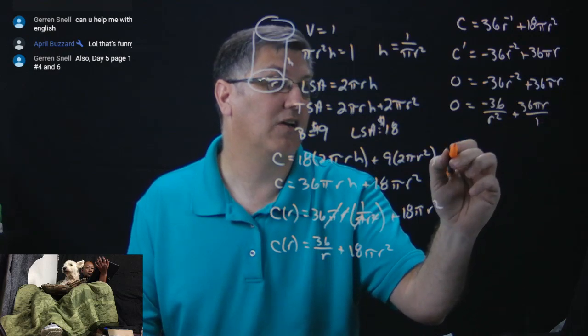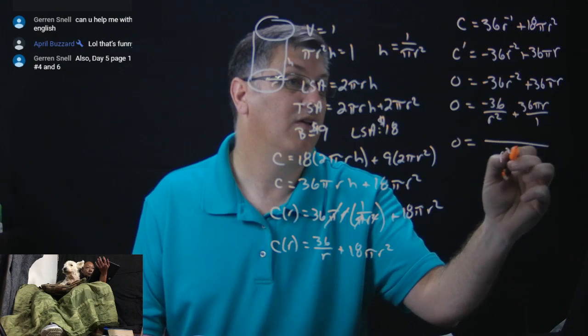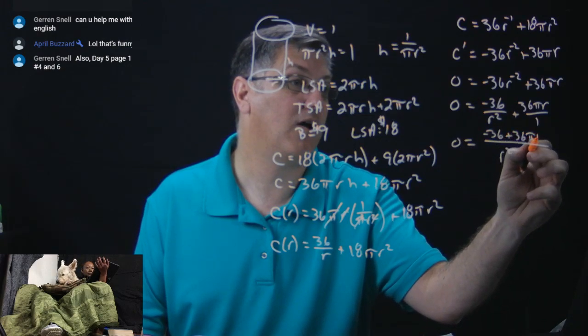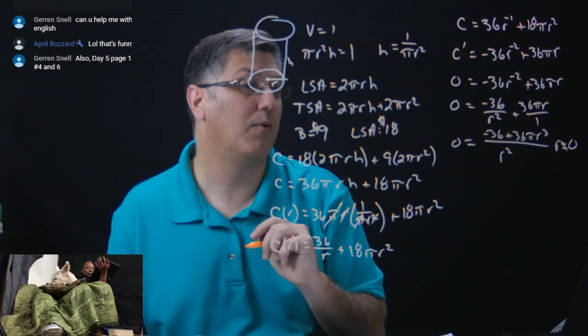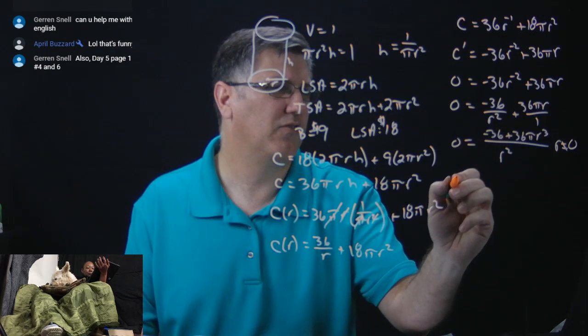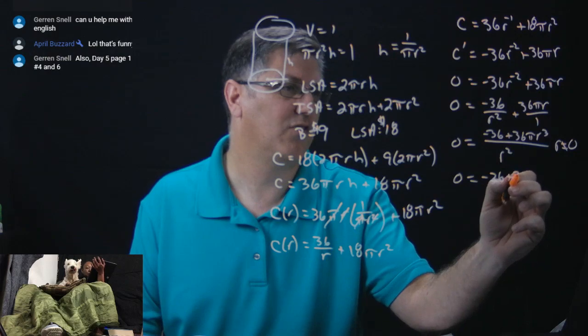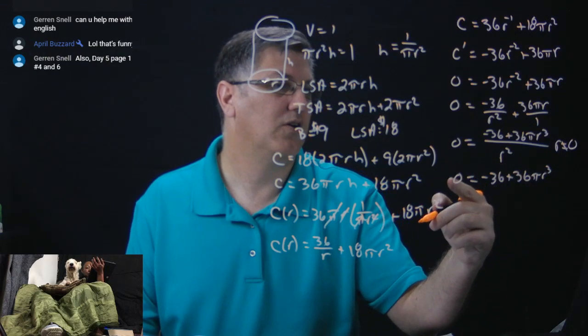Add our fractions by getting a common denominator. So I've got 0 equals, I'm going to have an r squared, so it's going to be negative 36 plus 36 pi r cubed. R cannot equal 0 because I can't have a 0 in the denominator. From here, I just simply have 0 equals negative 36 plus 36 pi r cubed.